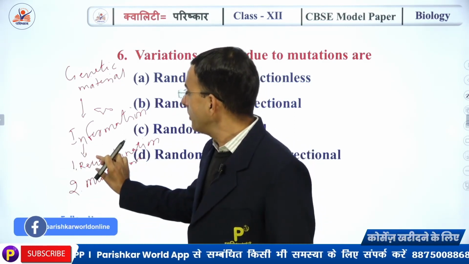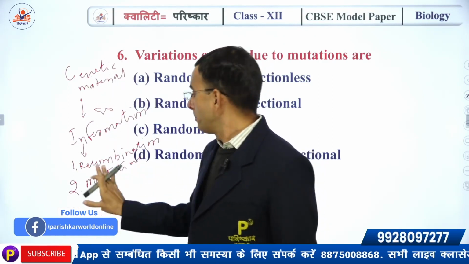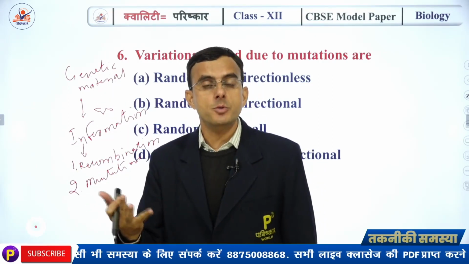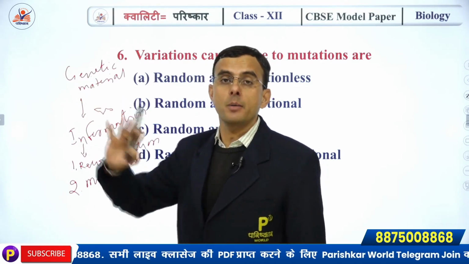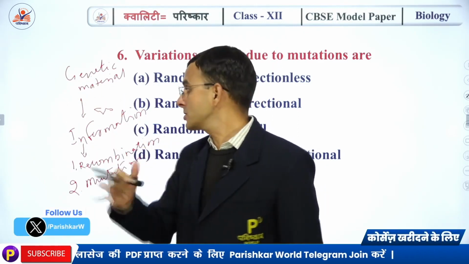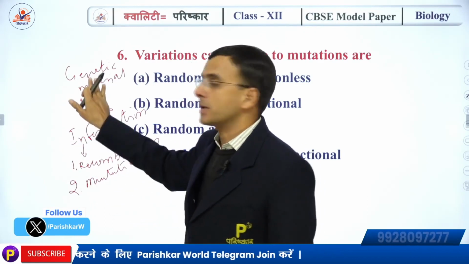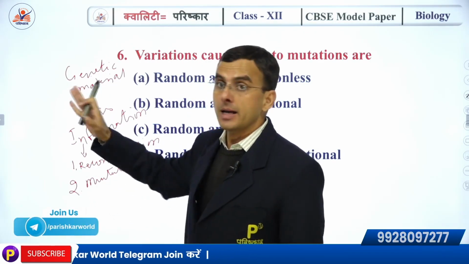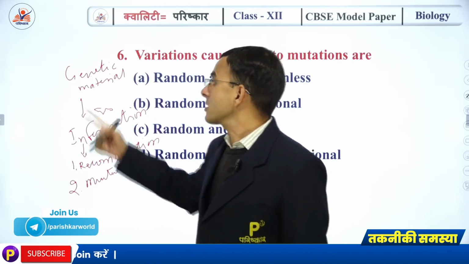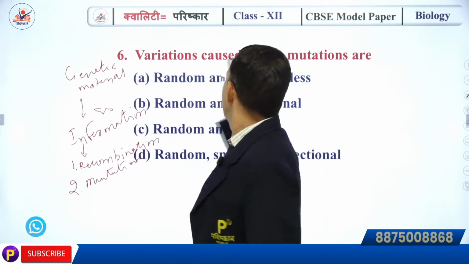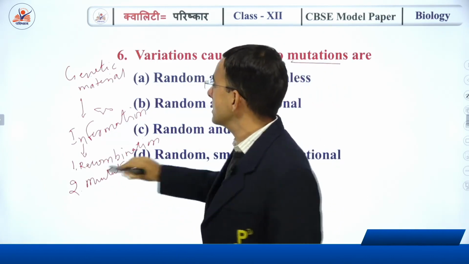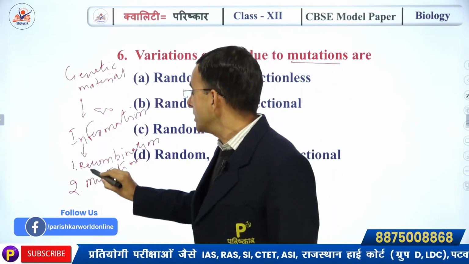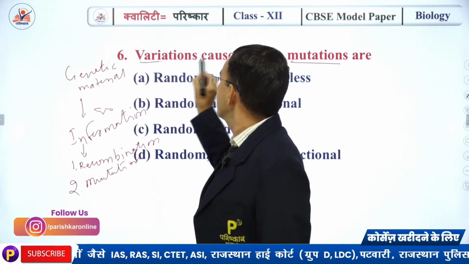So recombination takes place naturally, but there are some mechanisms by which there are sudden changes in the genetic material, and they are heritable. Because of that, whatever changes are created due to mutations in the genetic material are known as variation.